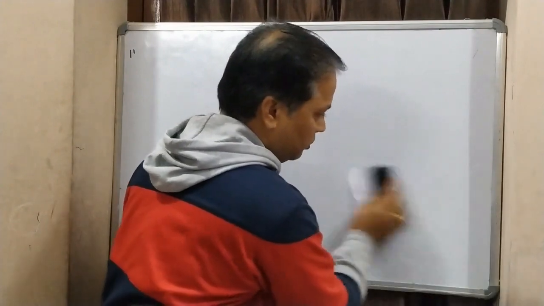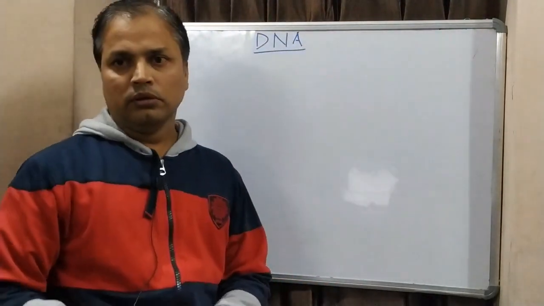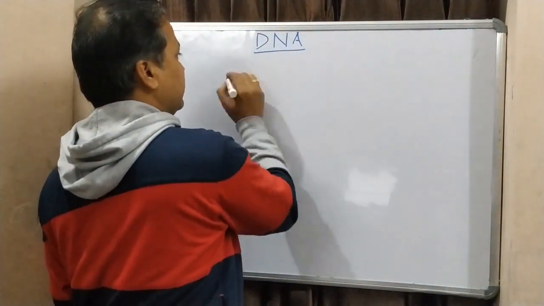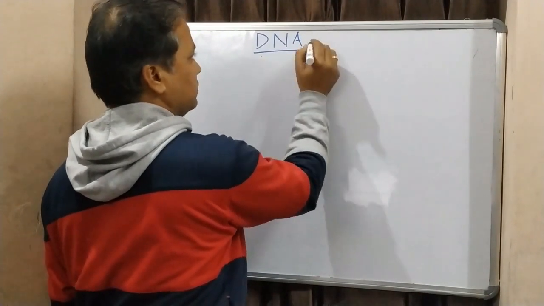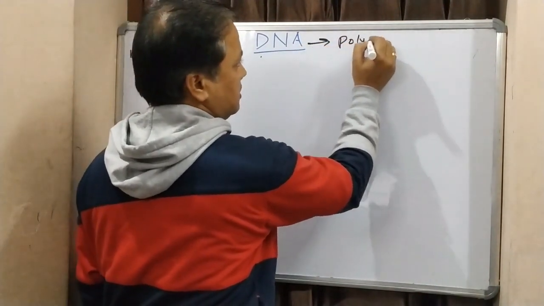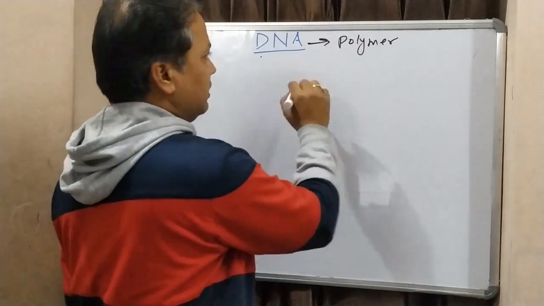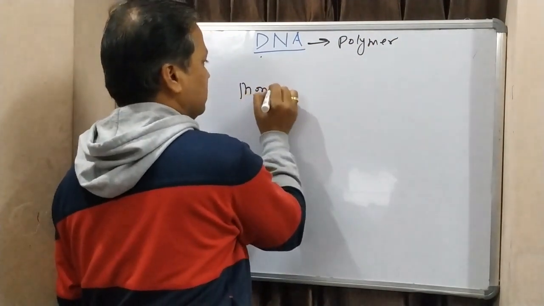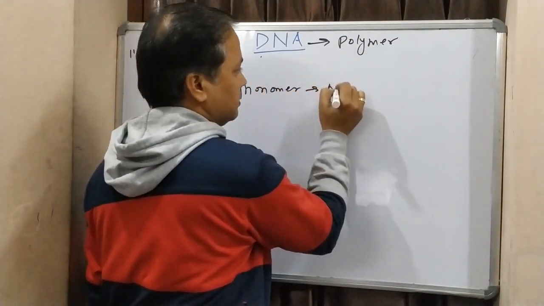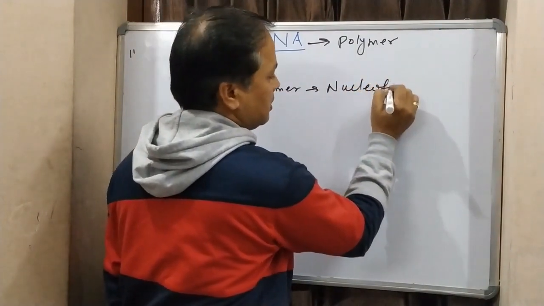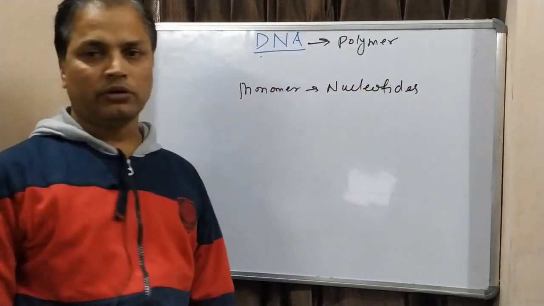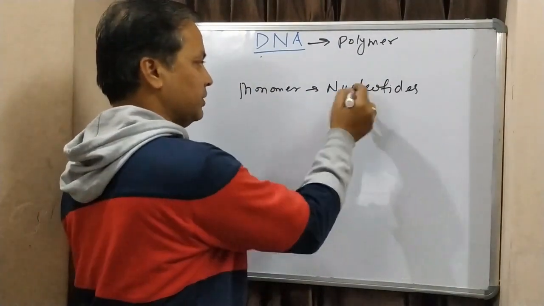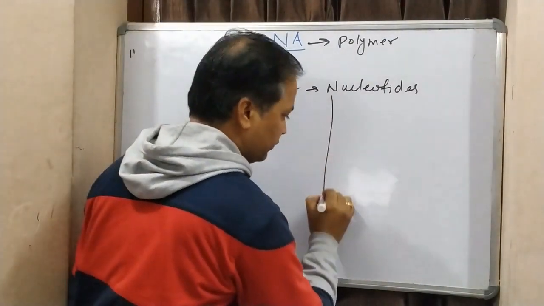Now, DNA is a polymer, and its monomer we call a nucleotide. This nucleotide is composed of three different components.